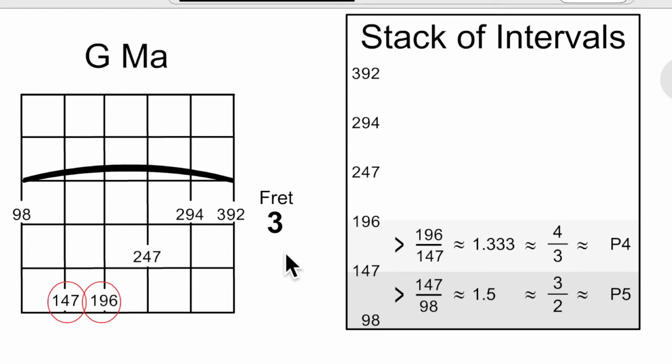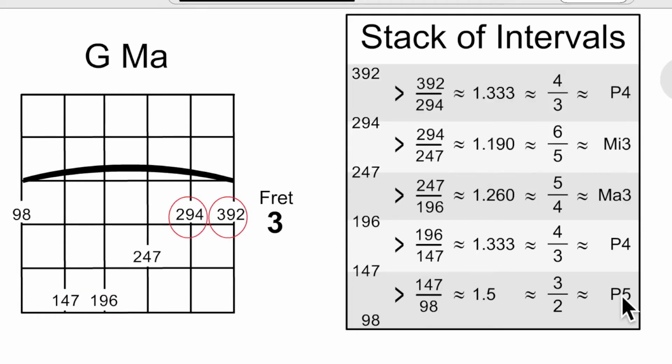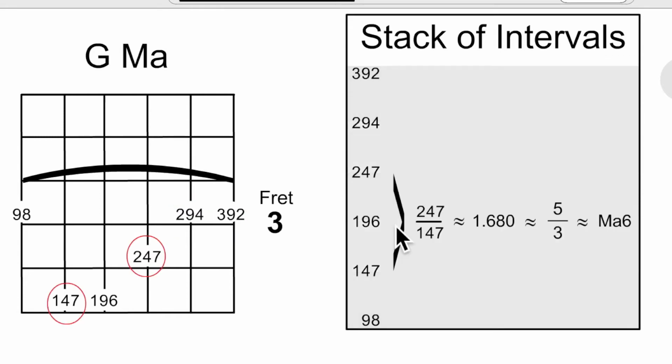Here are the rest of the frequencies and the intervals between them. This is a perfect fourth, major third, minor third, another perfect fourth. You can get another musical interval, the major sixth, by skipping the frequency here. So all these intervals tend to hold the chord together, make it sound musical, make it sound good.